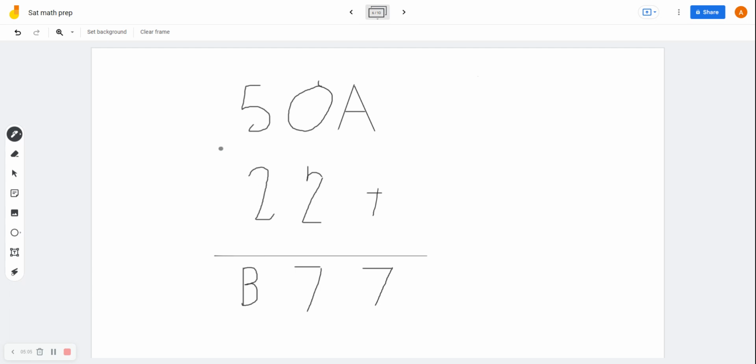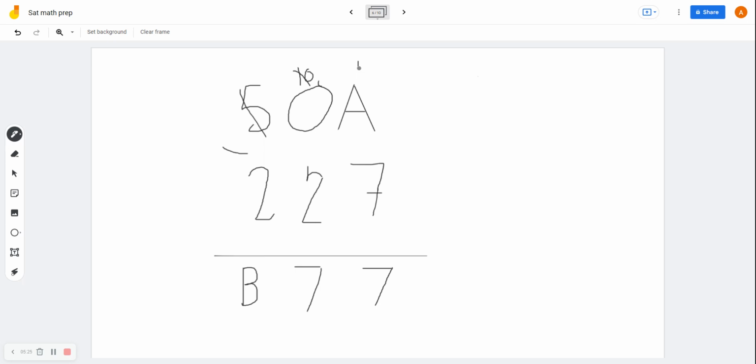550A minus 227 equals B77. So first, this is just quick subtraction, but we need to find out what B equals here. So we take the one from here, we make this 10, but we also need to take one from here.